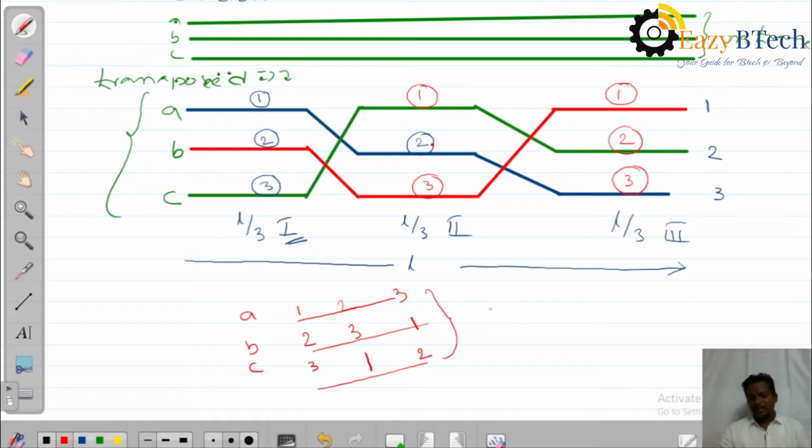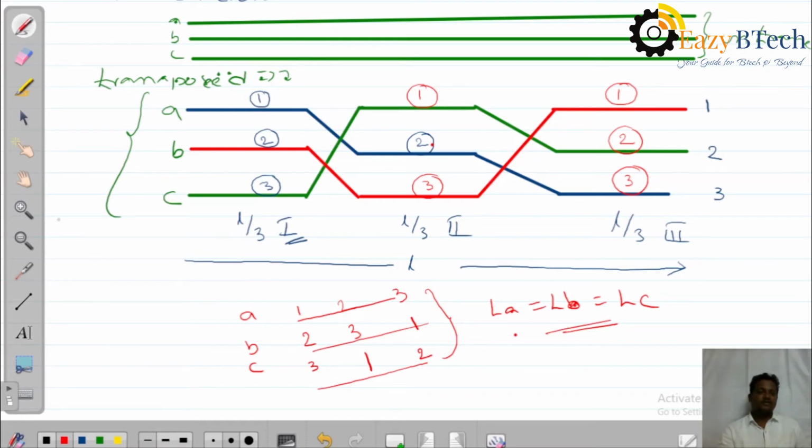If you calculate the inductance for this case, we get LA equals LB equals LC, and the capacitance is also equal. Therefore, the line inductances are the same.